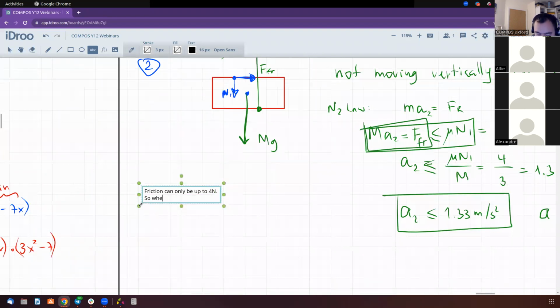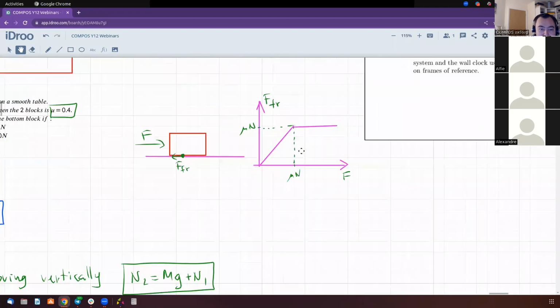So when we push with a force of 2 newtons, we will not exceed the limiting friction.